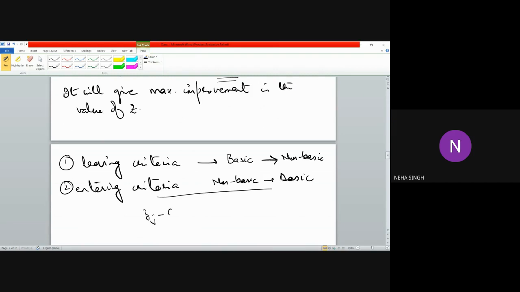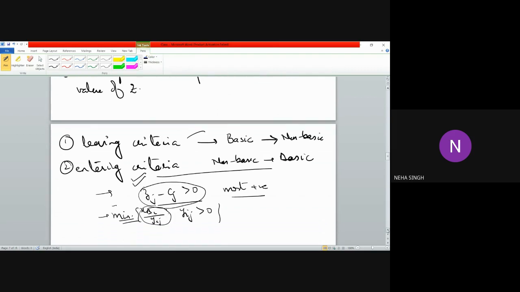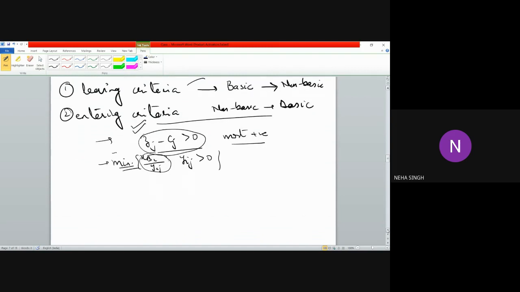That for which Zj minus Cj is positive, and that is definitely the most positive value. Which one will leave? For which the ratio of xbr upon yrj, for all those for which yij is strictly more than 0, we choose the minimum of that. So the Zj minus Cj's define your entering criteria, and this ratio defines your leaving criteria. And we have seen that if we choose in this manner, then the value of the objective function is improving. Okay, this is what we have proved so far.